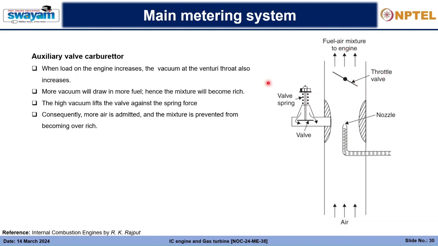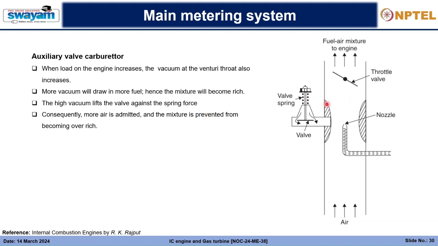So when the load on the engine increases, the vacuum in the venturi throat also increases, right? This will cause a large pressure differential between the float and the nozzle, and accordingly a large amount of fuel will be supplied to the venturi throat, and a richer mixture will be created, and we do not want that.